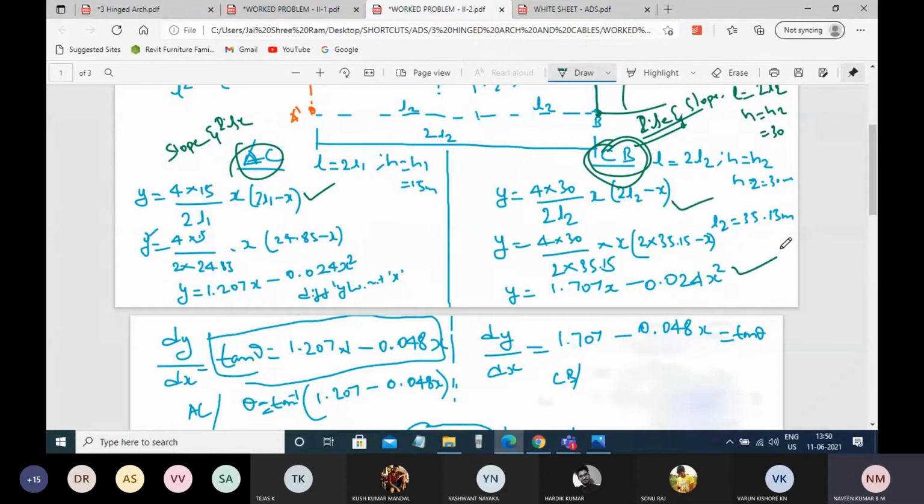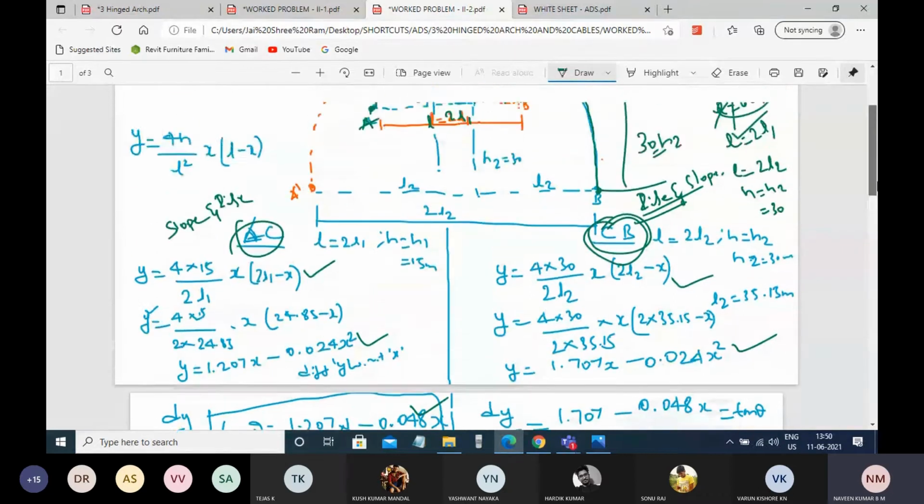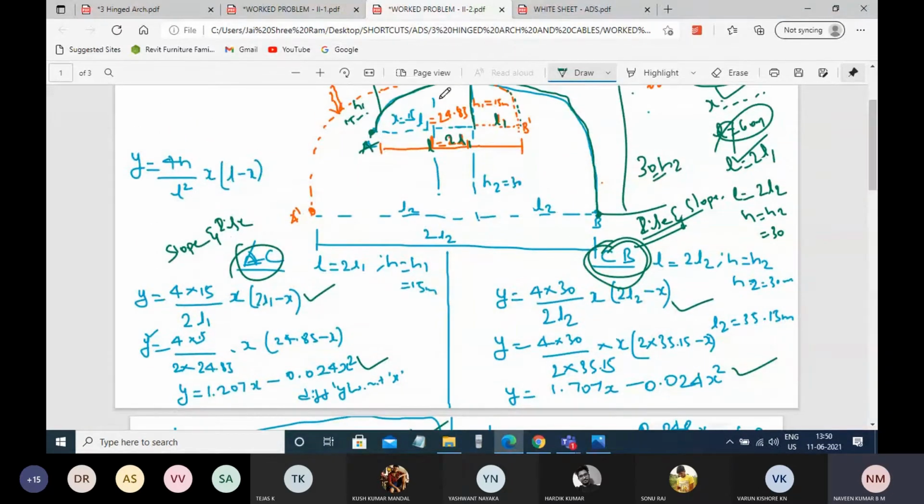Why am I repeating? I am giving more importance to this. Very, very important from the exam point of view. Similarly, for the CB segment, you can consider an imaginary segment CA dash, where the horizontal distance from C to A dash is L2.